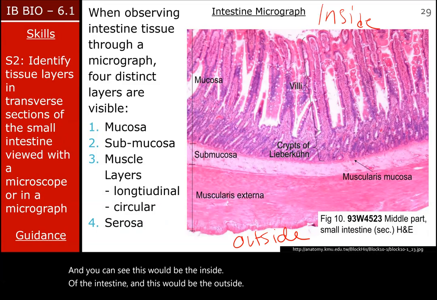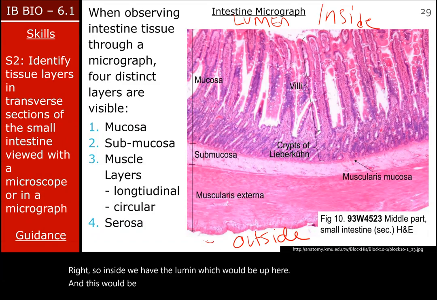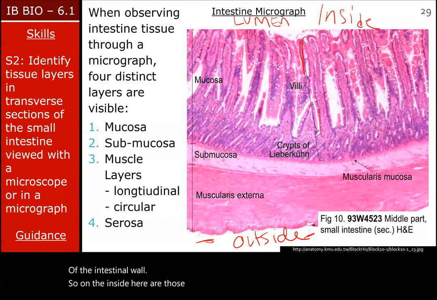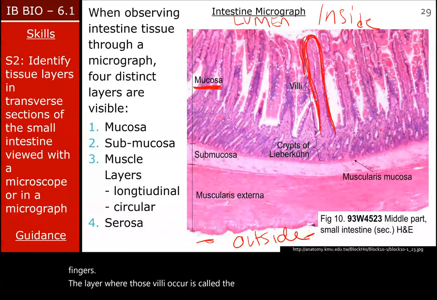So inside we have the lumen, which would be up here. And this would be the exterior of the intestinal wall. So on the inside, here are those villi that we talked about. You can see the long fingers, right? The layer where those villi occur is called the mucosa. So the villi occur in the mucosa.